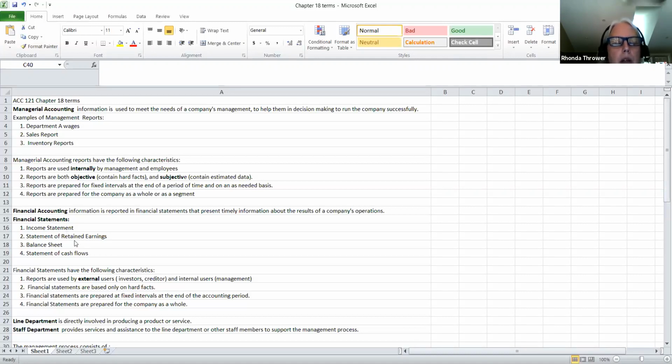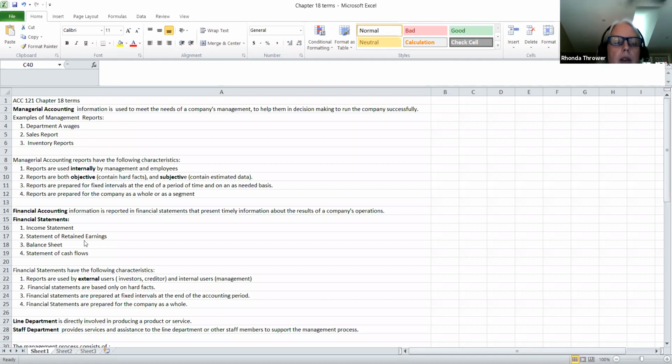The statement of retained earnings would be used for a corporate form of business. It's similar to the statement of owner's equity. In a proprietorship, we would fill out the statement of owner's equity, and that would show the owner's worth in the company.